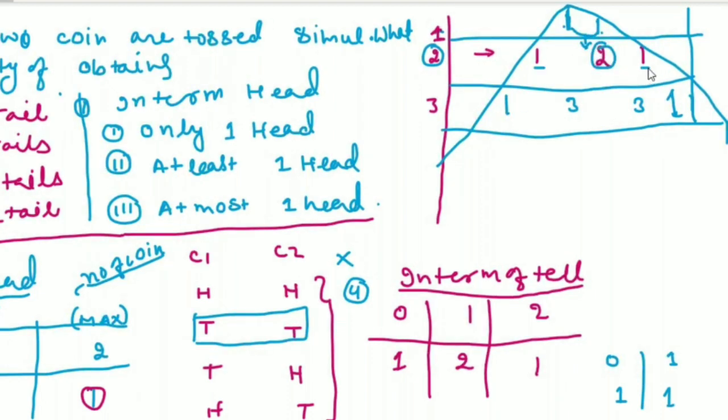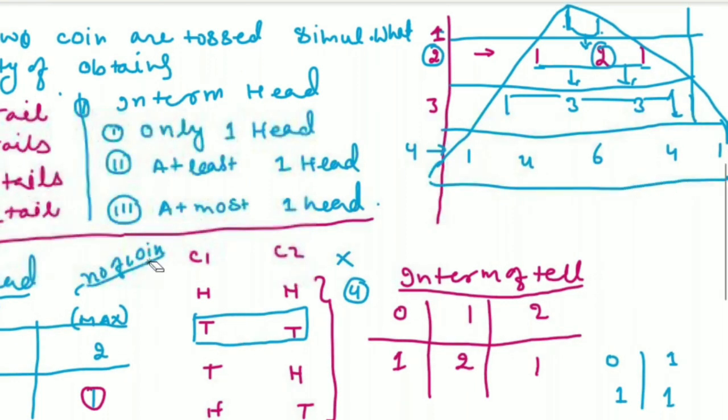Again 1 and 1 are written by themselves. This 2 plus 1 down is 3, 2 plus 1 down is 3, and 1 and 1 are written by themselves. So for the story of 4 coins, we write 1 and 1 by ourselves, and then we keep adding: 4, 6, 4, 1.